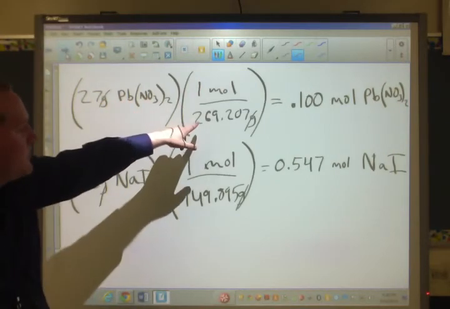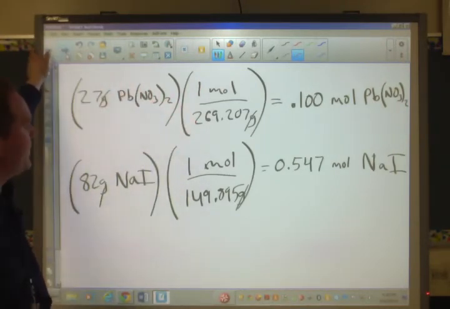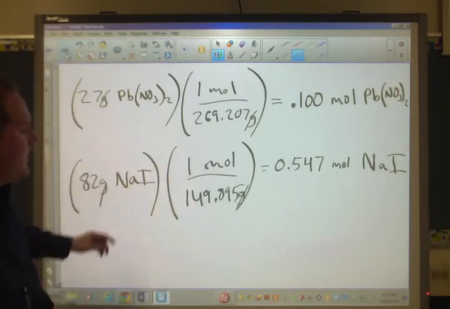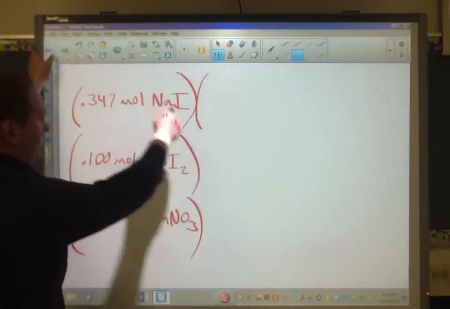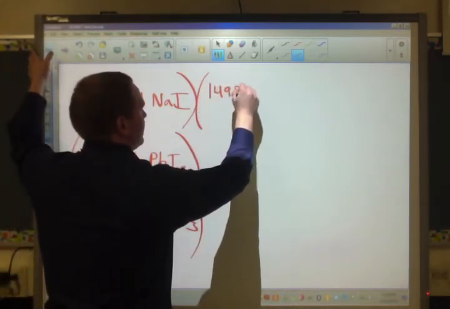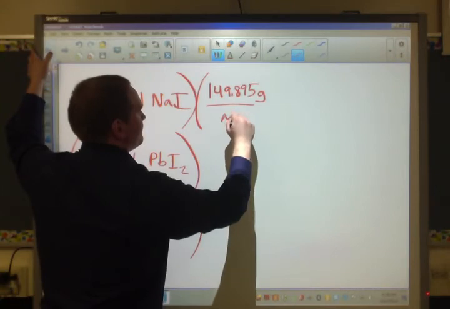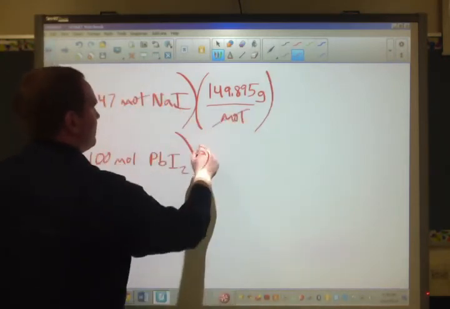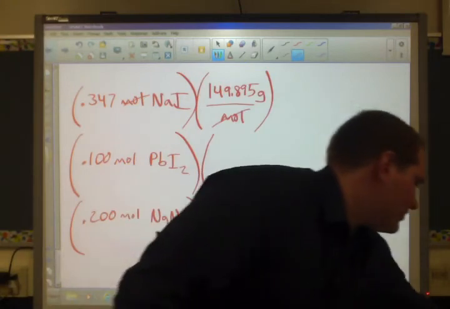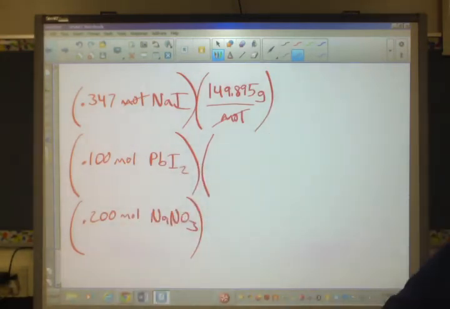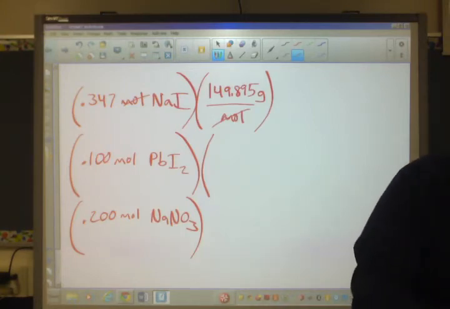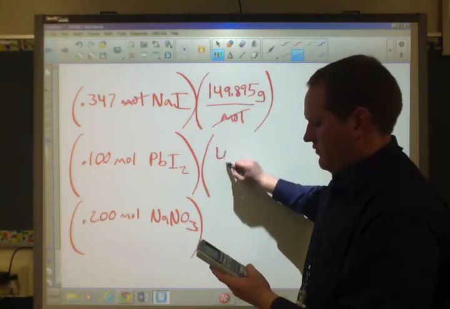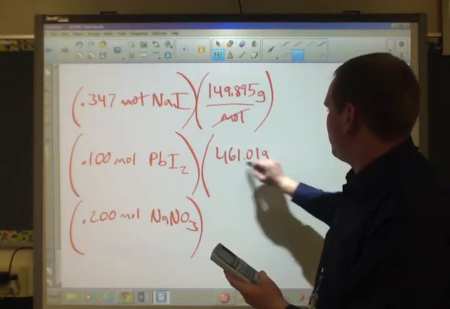Lead 2 nitrate, 269. Now that's the one that's completely depleted, I think. Yep. Sodium iodide, 149.895 grams per mole. Mole cancels mole. Lead 2 iodide. So it's 207.2 plus iodine times 2, so that's 2 times 126.905, 461.01 grams per mole.